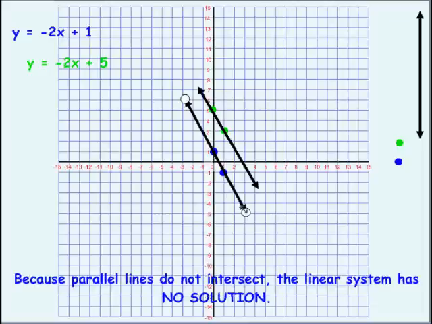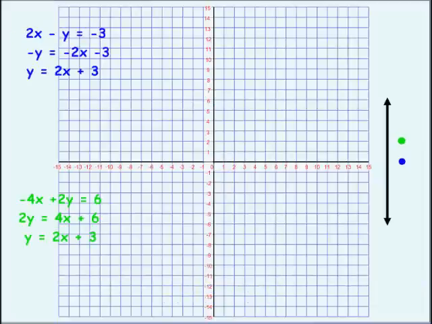So there will be no solution. Parallel lines cannot intersect. We could tell that even just by the written equations because they have the same slope but different y-intercepts. So they're going to be located slightly different on the y-axis. However, with the same slope, they will be parallel lines.